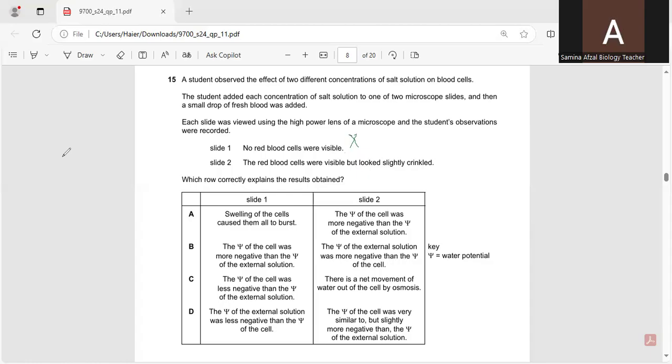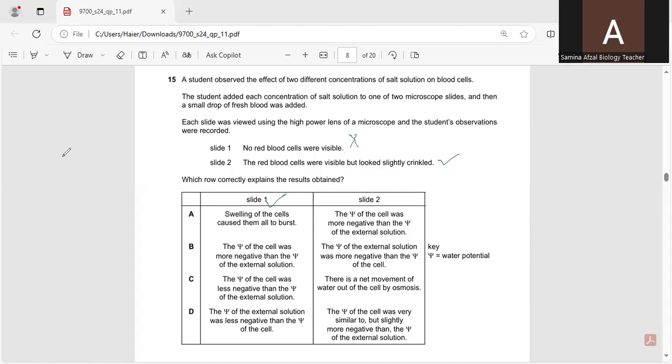Slide 2: the red blood cells were visible but looked slightly crinkled. It means they were kept in a solution of less water potential, so the water moved out of the red blood cells, due to which they shrank or were crinkled. Which row contains the results obtained? A: Slide 1, swelling of the cells caused them all to burst.